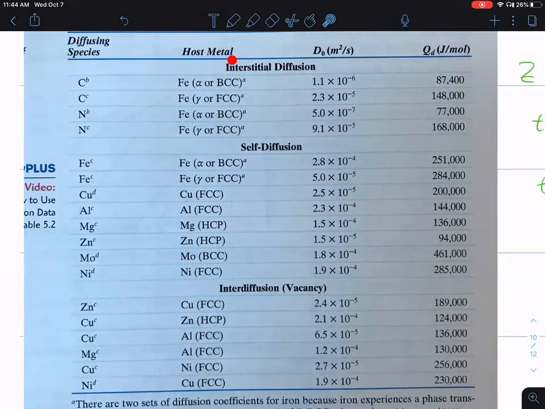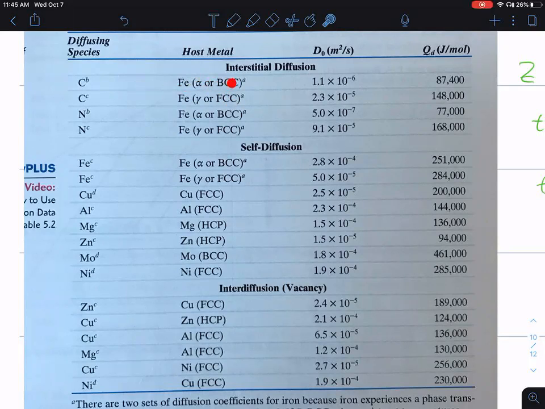Remember what that is? When smaller atoms diffuse into the interstitial space, carbon steel is a very good example. That shows the diffusion species. Carbon diffuses into iron.